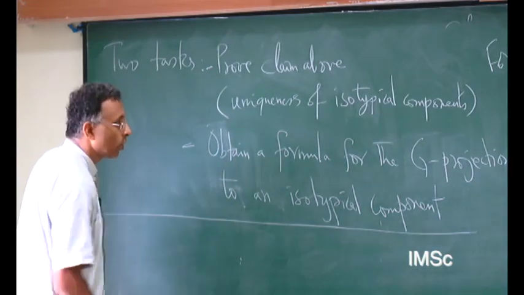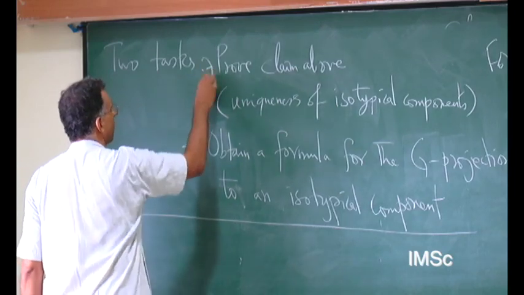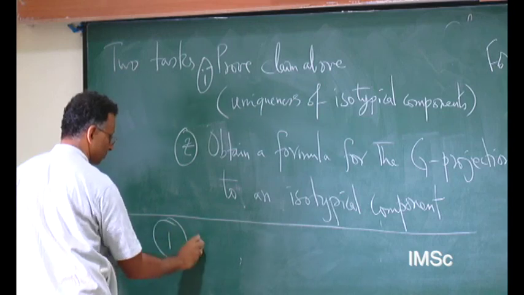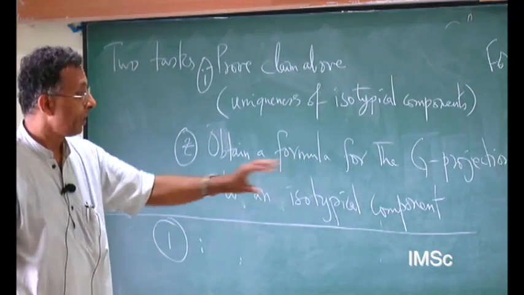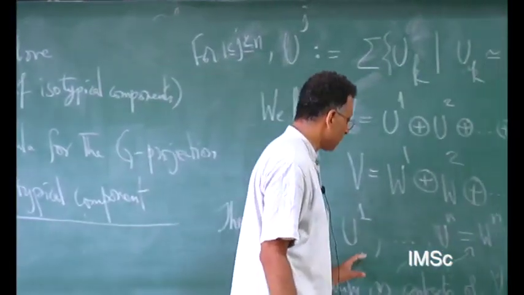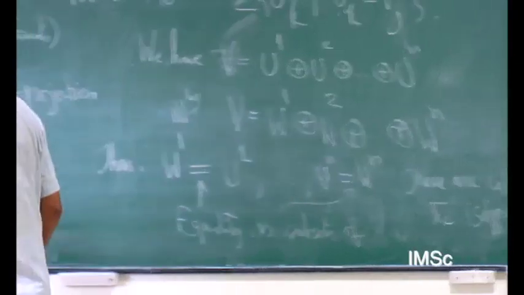Okay, so this is 1, this is 2. So 1. That is, we are proving the claim, the uniqueness of the isotypical components. So W1 is equal to U1, and so on.